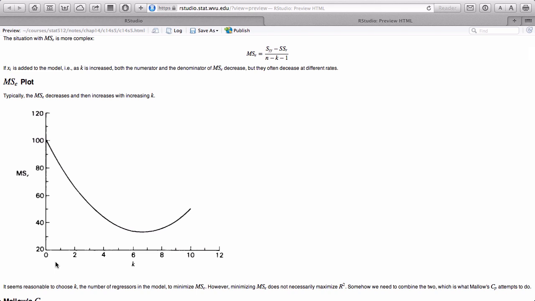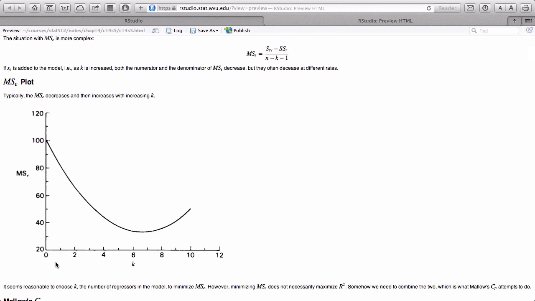What typically happens as you increase k, the mean square for error decreases to a certain point, and then it starts to increase again. And the reason is you have diminishing returns. If you put in an x that doesn't explain much variation, then SS sub r doesn't increase much.